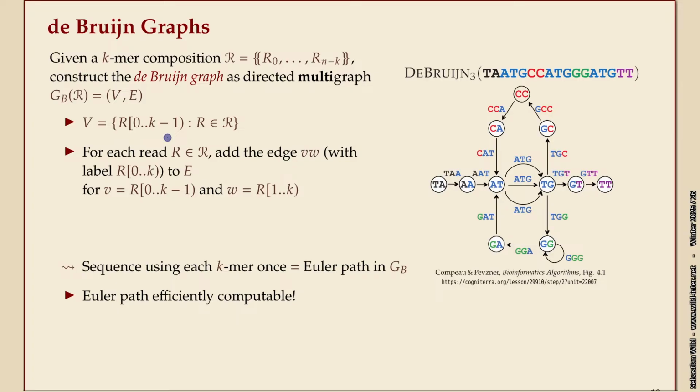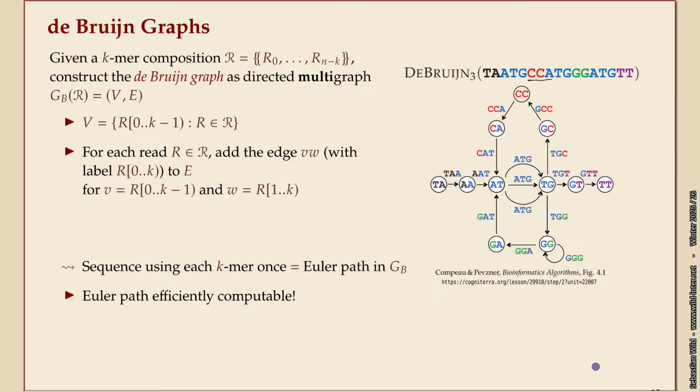The clever part are the edges. I'll have an edge for every k-mer in the input, and the edge connects the vertices that correspond to the first and second k-1 characters. So say we pick some example. This edge corresponds to CCA, that's one of the 3-mers in the input.